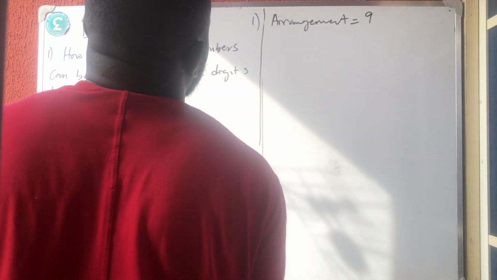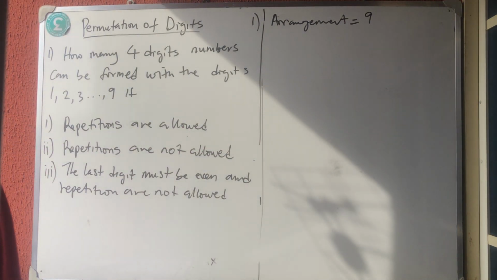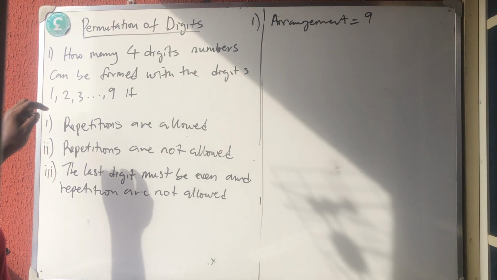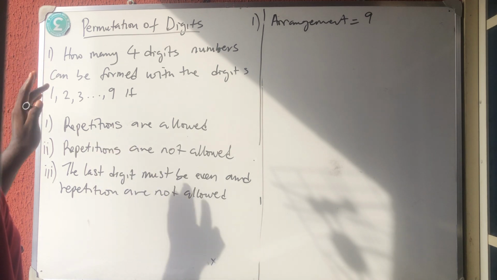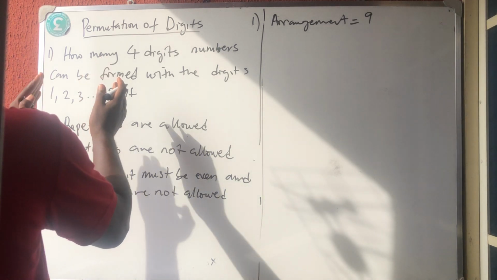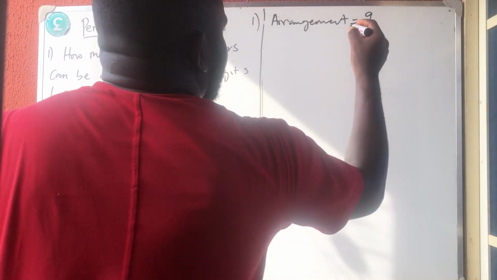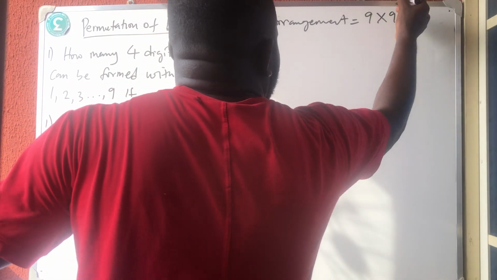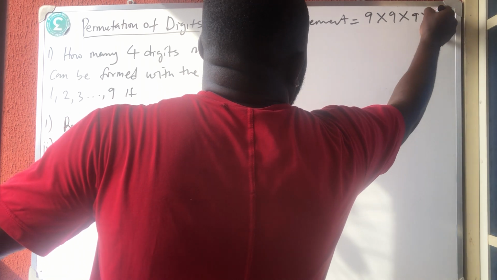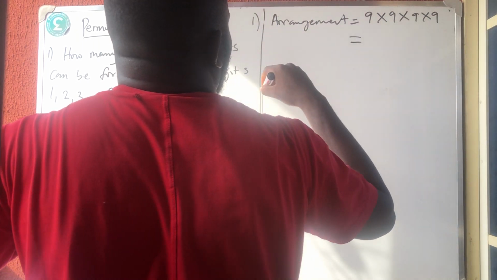For the first one, I can use 9. I have chosen 1. Now, if repetition was not allowed, I'd be left with 8, but repetition is allowed, so I can use any of the 9 of them again. In the third one, I can still use any of the 9 again. In the last one, I can still use any of the 9 again.